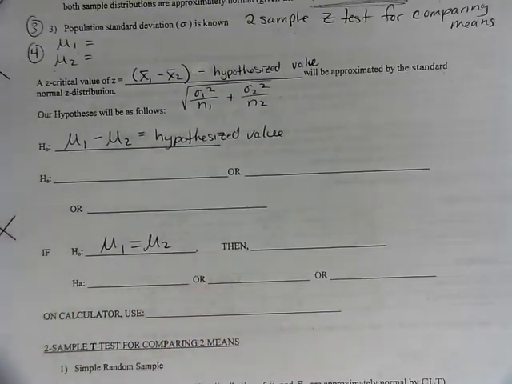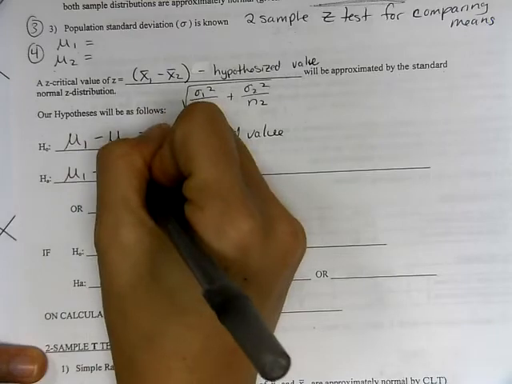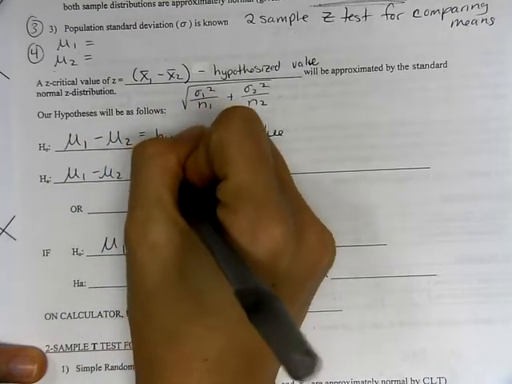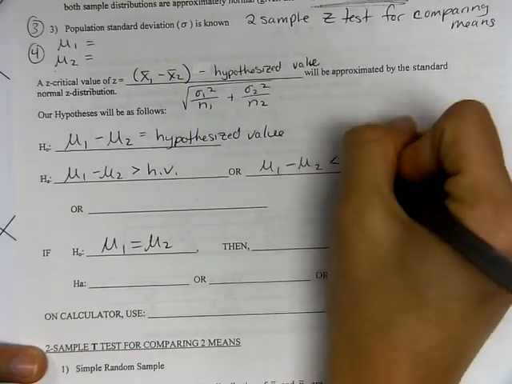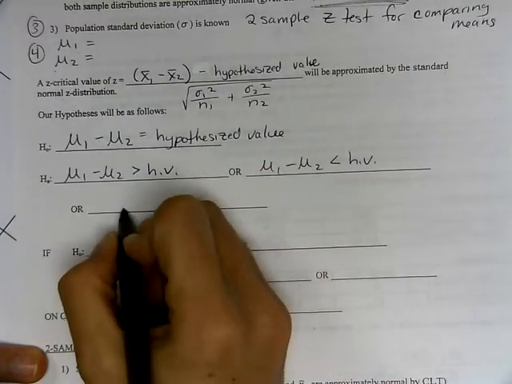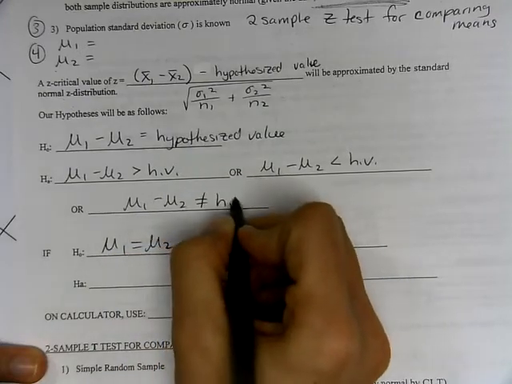And then our alternates are the same 3. Greater than, less than, not equal to. So you either have mu1 minus mu2 is greater than your hypothesized value, mu1 minus mu2 is less than your hypothesized value, or mu1 minus mu2 is not equal to your hypothesized value.